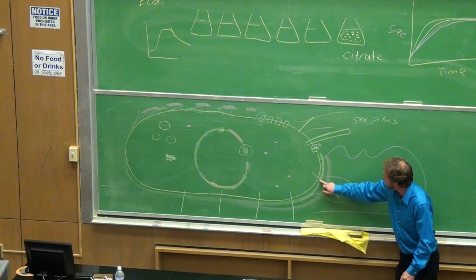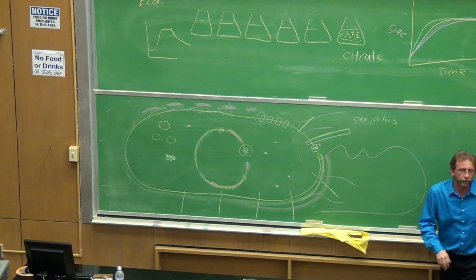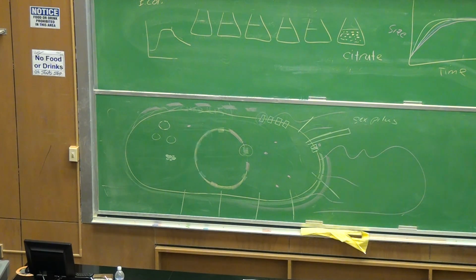Again, you should be able to reproduce the structure of the cell wall for both a gram-positive and a gram-negative cell.